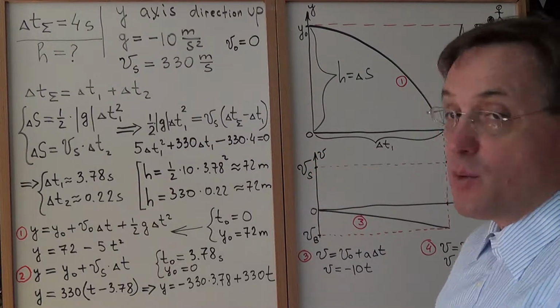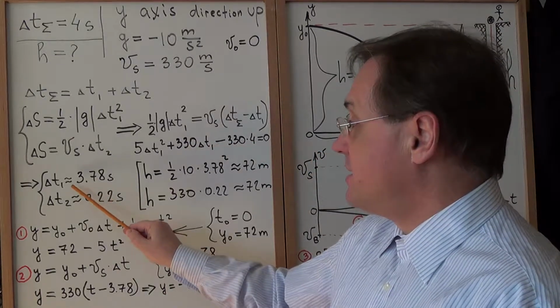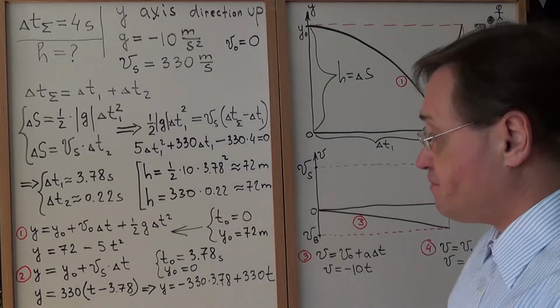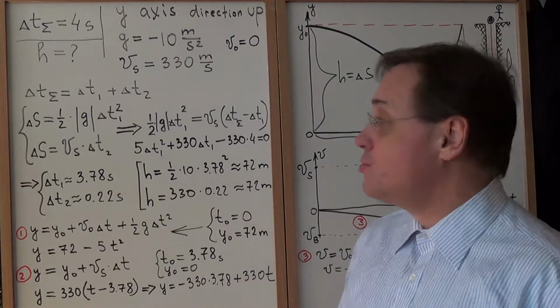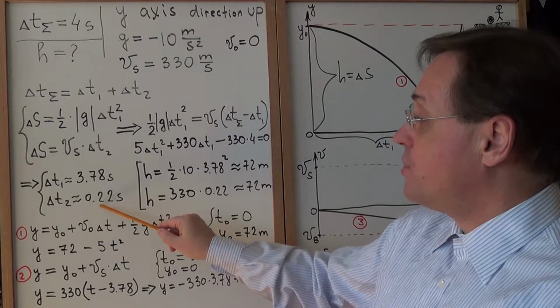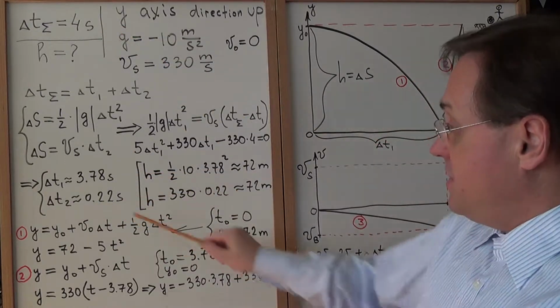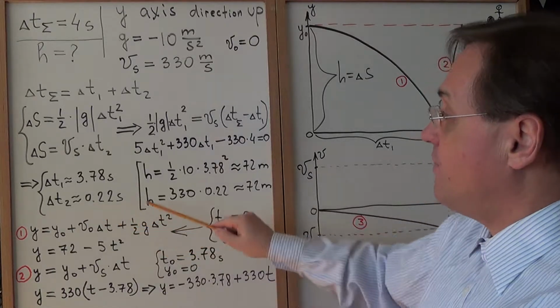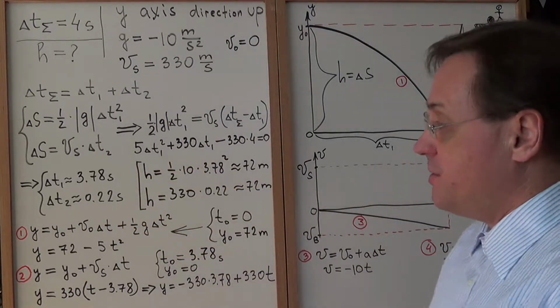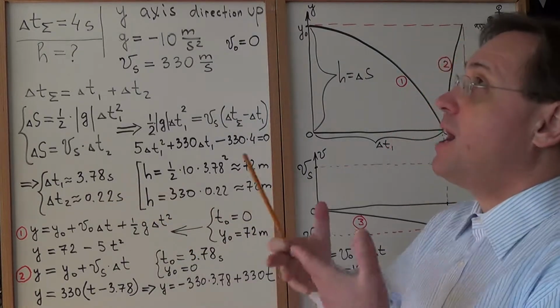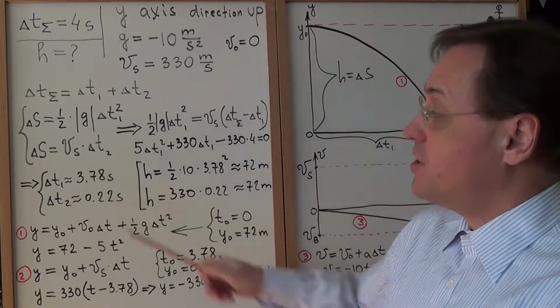Solve the quadratic equation and we'll get delta t1 equals 3.78 seconds. Therefore delta t2 is 0.22 seconds, together 4 seconds. Since the speed of sound is pretty high, we see that the time of the sound coming up is pretty low.